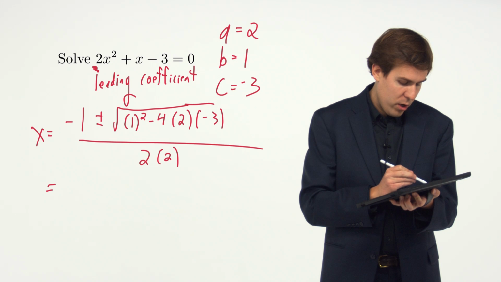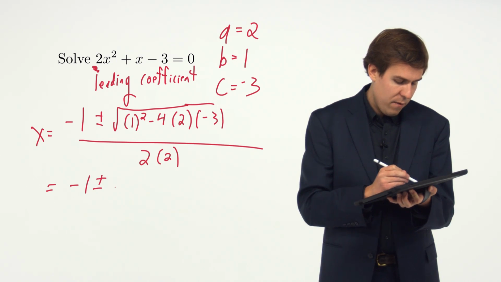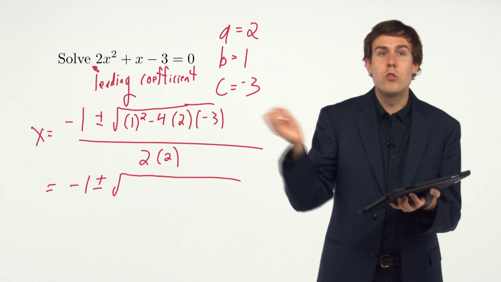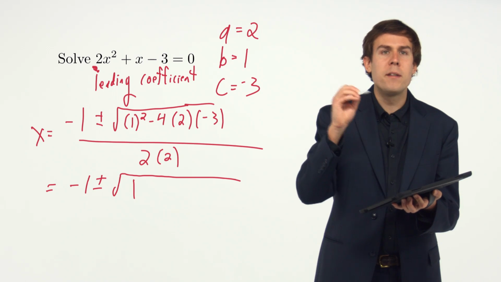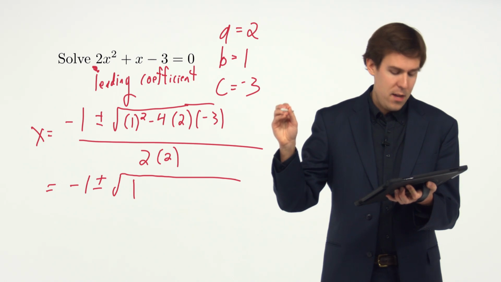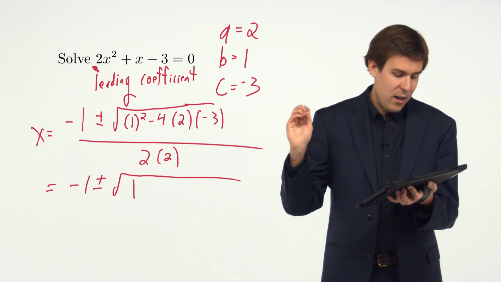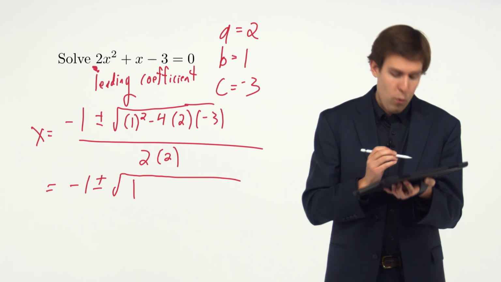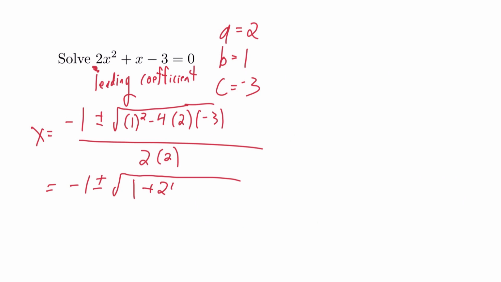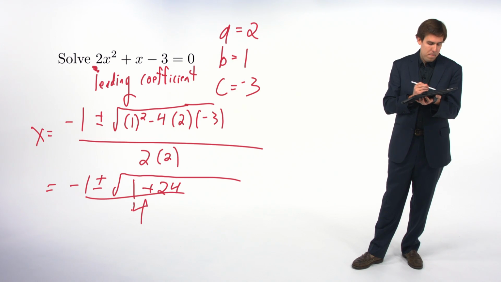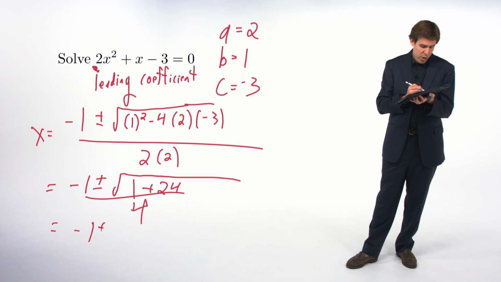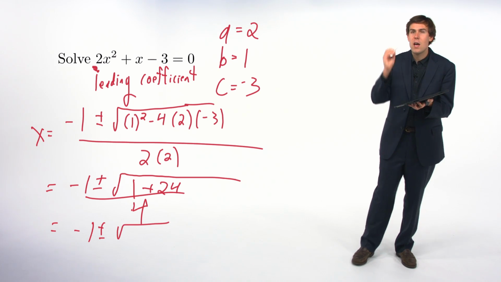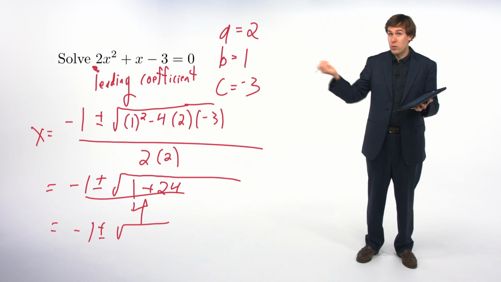So let's take a look inside of the square root sign. So 1 squared is 1. 4 times 2 times minus 3 is, let's see here, positive 24. And then 2 times 2 is 4. So do a little more simplification under the square root sign. 1 plus 24 is 25.